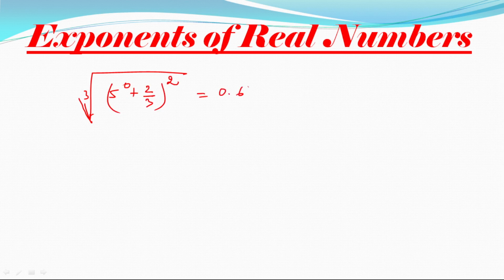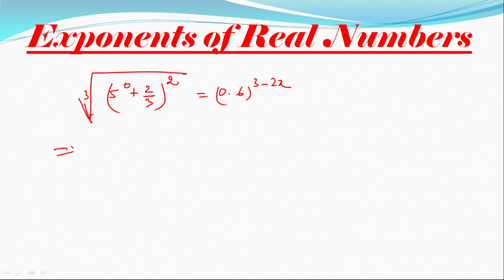Similarly we will go for another question. We are given 5 to the power 0, and the root is actually a cube root, of (3 plus 2 by 3) in bracket square, is equal to 0.6 over the bracket (3 minus 2x).